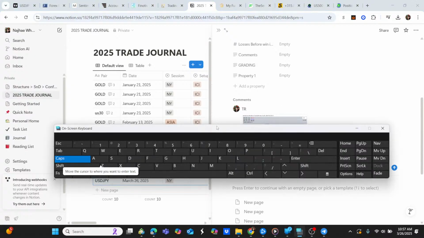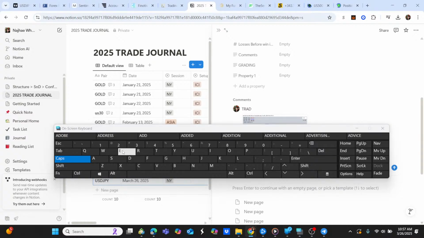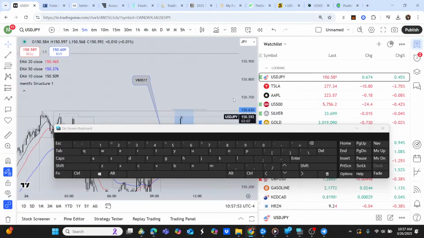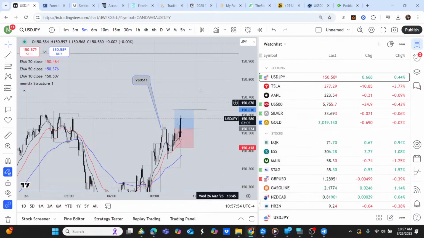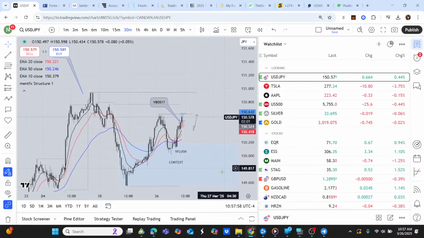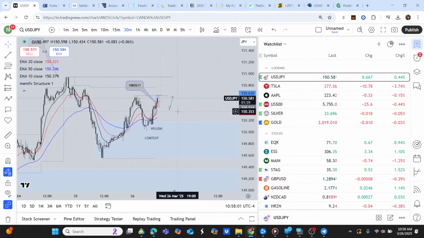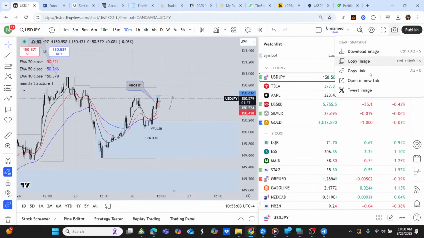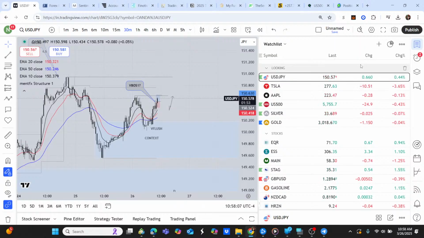Trade process. Oh, I didn't take a shot of the higher time frames. Yeah, when y'all journal too, make sure y'all take not just a screenshot of your entry, but the higher time frame. That's one mistake I did do last year.